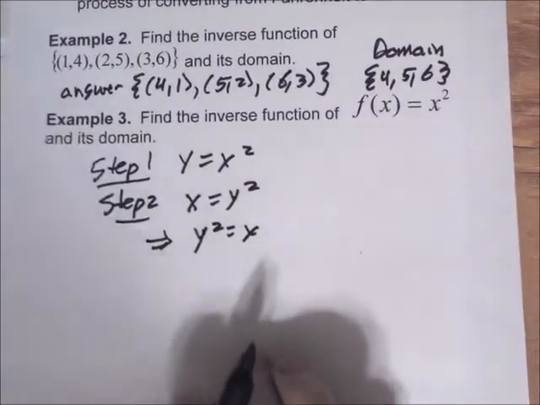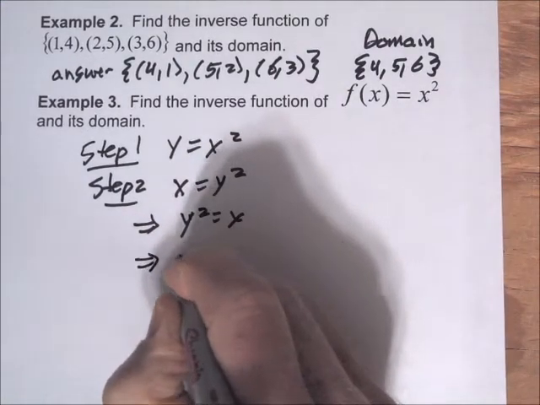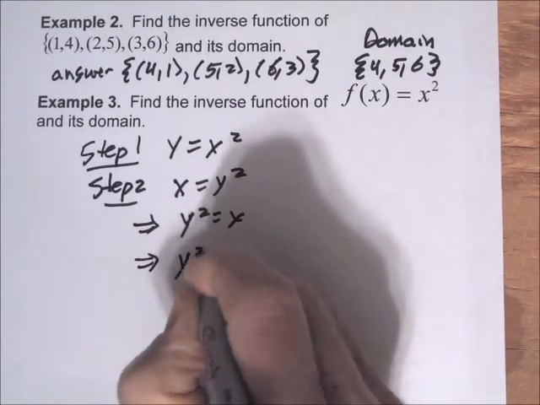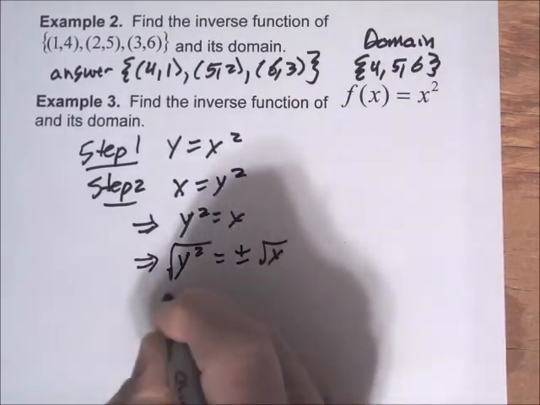And then we want to get rid of the exponent, so we can do that by taking the square root. And most numbers have 2 square roots, so when you take the square root, actually you want to do plus or minus to get both square roots.